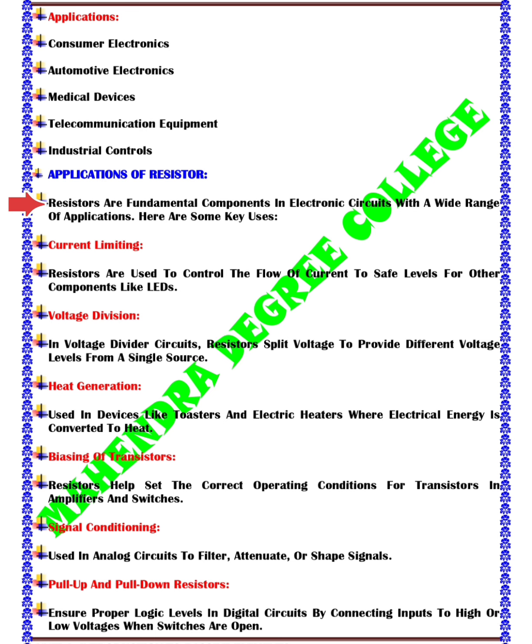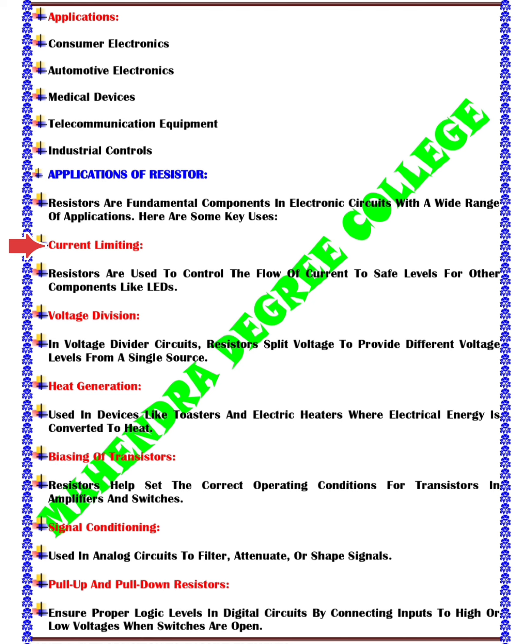Resistors have numerous applications in electronic circuits and devices. They are primarily used to control the flow of current, regulate voltage levels, protect sensitive components, and generate heat. First one. Current limiting.